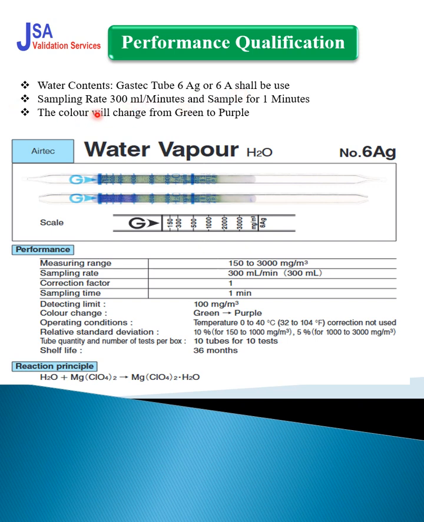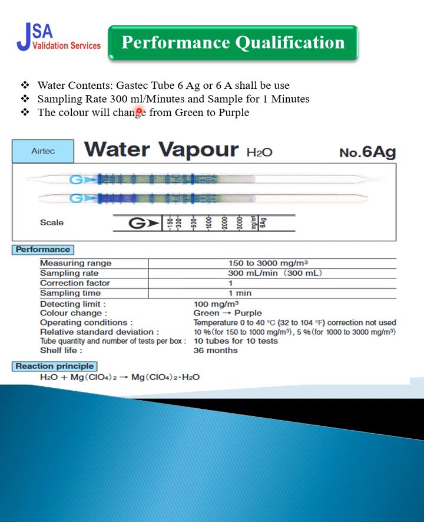So sampling volume is already defined in the manuals of these Gastec tubes. You use a fresh tube, connect it with the kit, and it will change the color from pale yellow to bluish green to purple, sorry, this is the green color, and this will change into purple, and this is the scale up to which the color will change. That will be your reading.